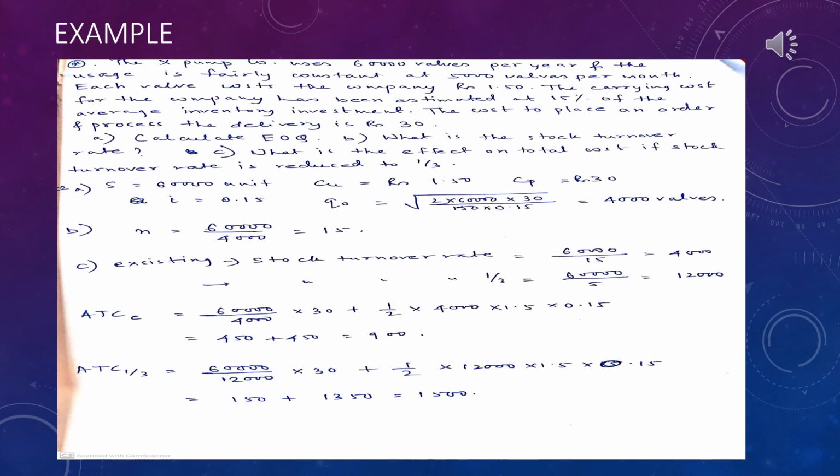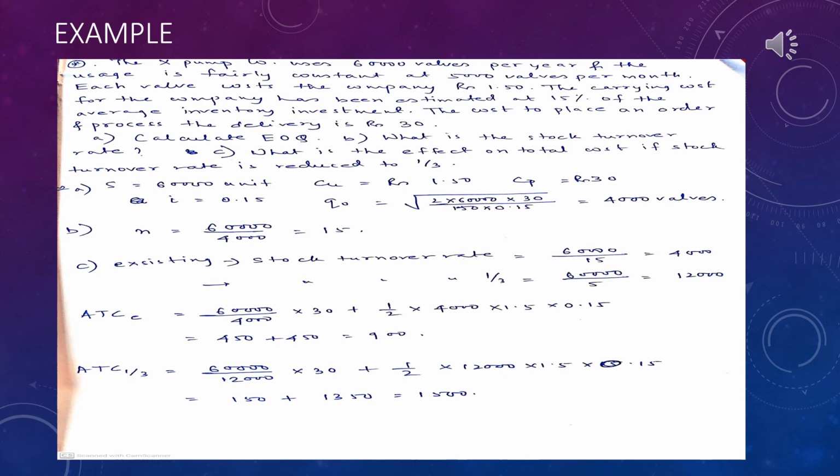But if we don't follow EOQ and don't order at the EOQ quantity, what happens? The organization is ordering 12,000 units per order, that is per batch.